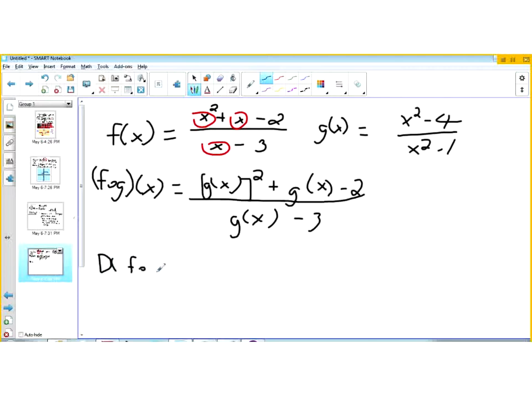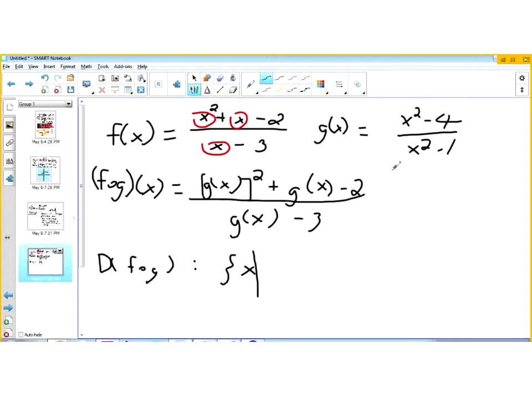So the domain of the composition would be the set of values of x that are permitted for this new function. Obviously, it'll be the set of x such that x can't be 1 nor negative 1.